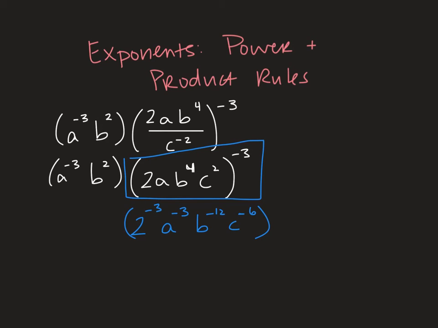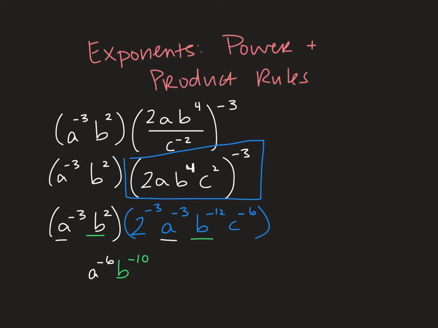And then out front, we still have the a to the negative third and the b squared. So now I'm going to use the product rule, and I'll multiply the a's first. So a to the negative 3 times a to the negative 3 is a to the negative 6th. And then b to the second times b to the negative 12th is b to the negative 10th. We're multiplying powers with the same base, so we add the exponents.